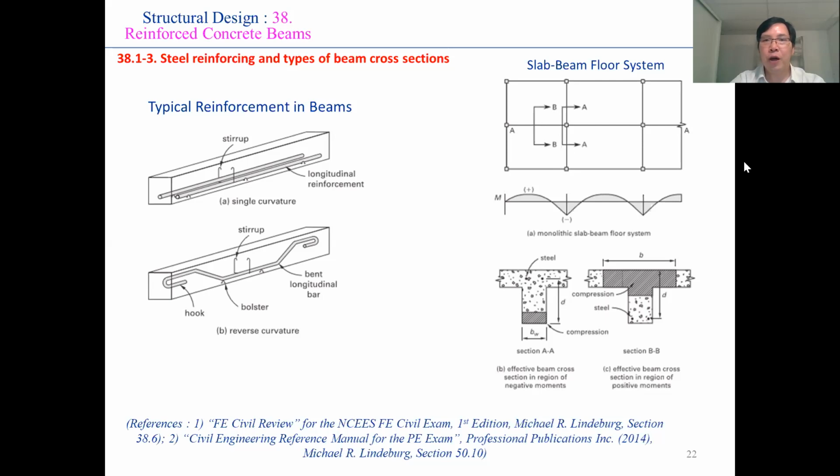And in this figure I show you a slab beam floor system, and you can see the moment diagram for this slab beam floor system.